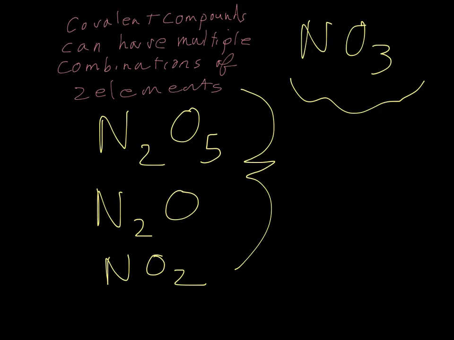That simplistic system we used for ionic compounds won't cut the mustard anymore because it doesn't allow us to name each one of these compounds individually. So we have to develop a system that does.